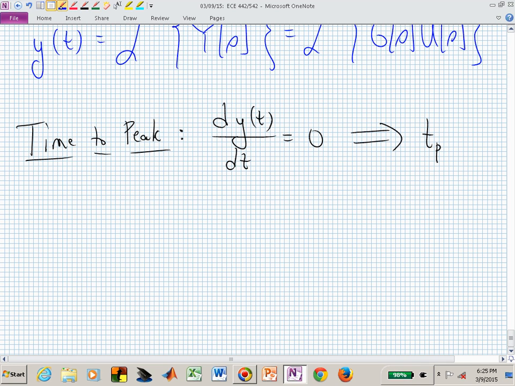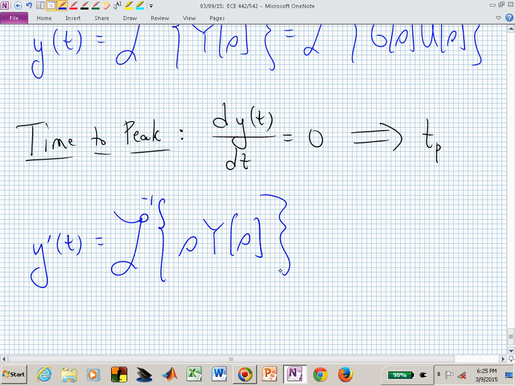Well, we've been making a big deal about playing in the frequency domain. If we now have y prime of t, that's the inverse Laplace transform of the derivative of the output, but the derivative in the frequency domain is s times Y of s.